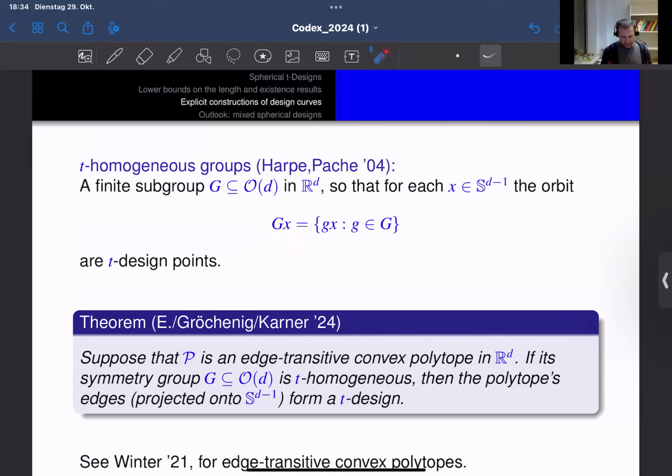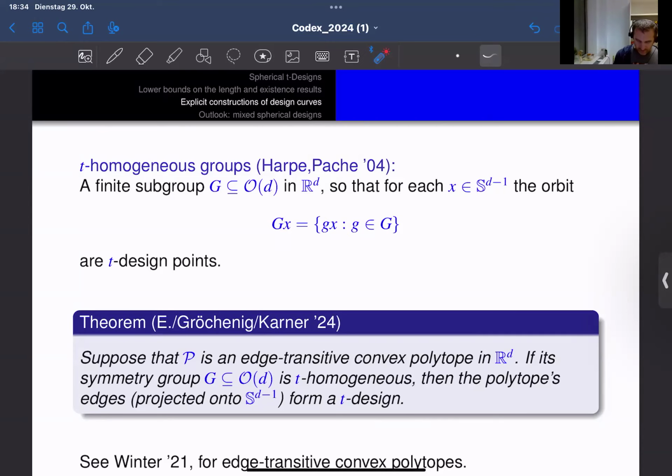This is actually a rather standard construction for points, that they construct t-design points by group orbits, in this case a single orbit. There's also a whole business where they try to choose different types of orbits for certain groups and combine them. But we consider here groups so that it's a single orbit, and this gives us t-design points.